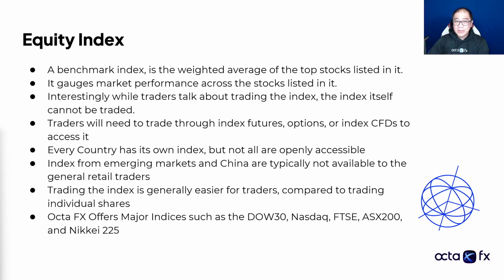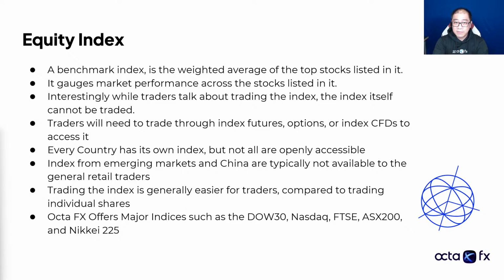Okay, so when we watch CNBC or Bloomberg or whatever, and they talk about the futures market, they're referring to the index. We saw the US 30 goes up, the S&P 500 goes up. That's just an index, and the only way to trade the index is through other means, such as CFDs.